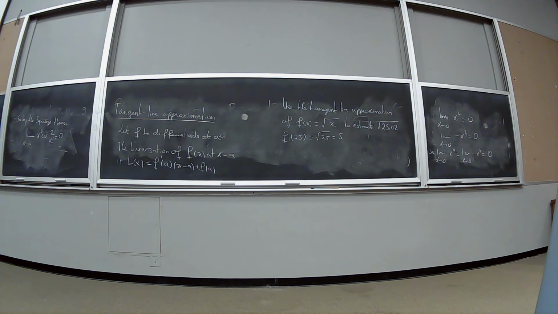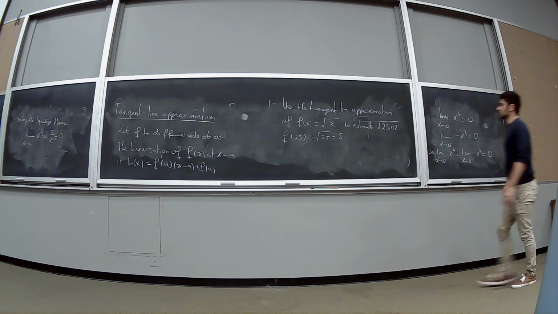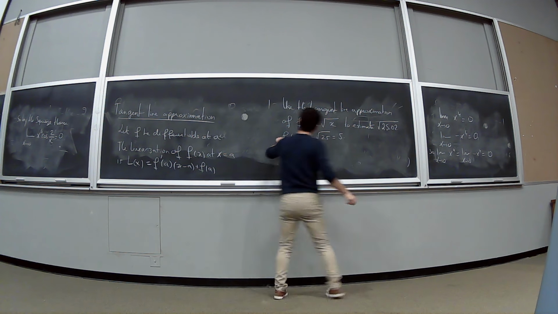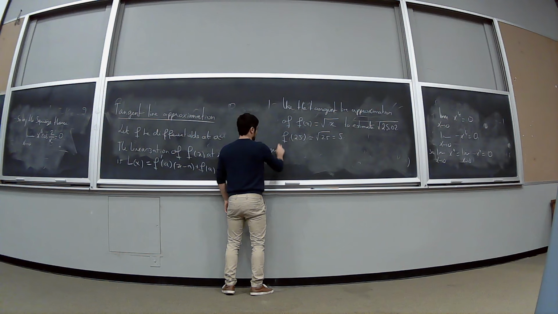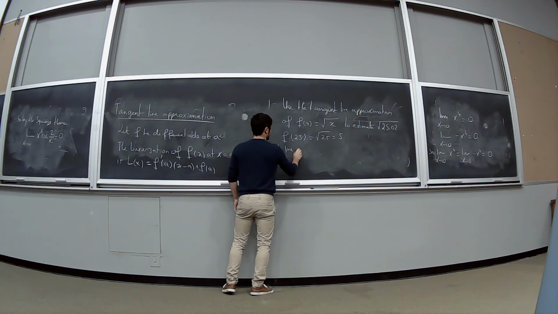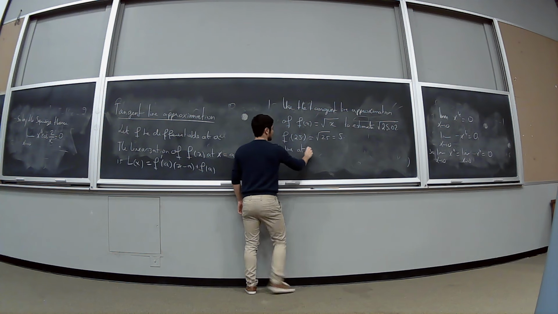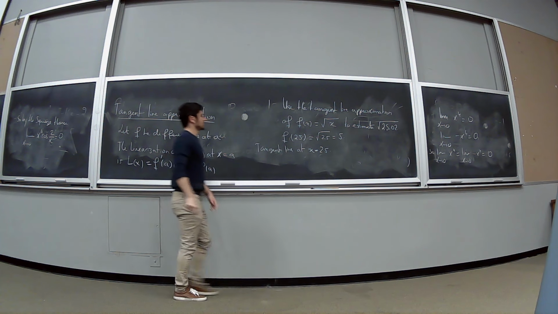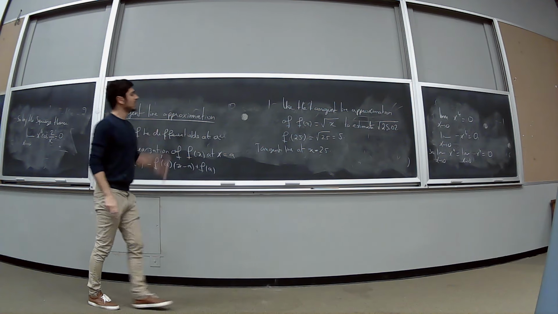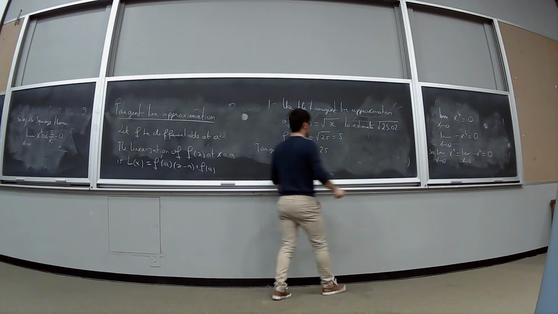So, how do you approximate square root of 25.02? So really, what do you have to compute here? The tangent line at the point where x equals 25.